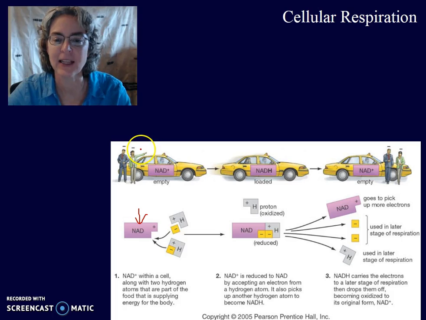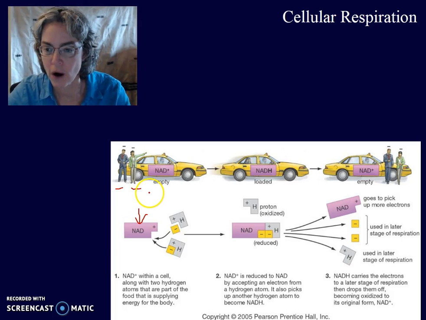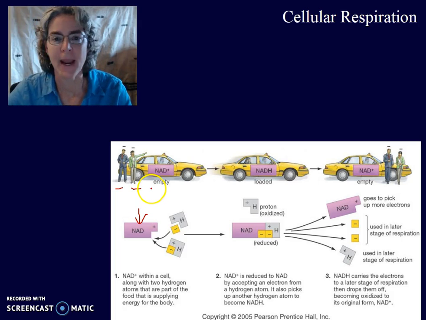So what I like to think of as our high energy electrons, these 2 right here, these are the main characters of this story of cellular respiration. And we need to watch them through the whole process. What happens to them as they go through this story of cellular respiration?